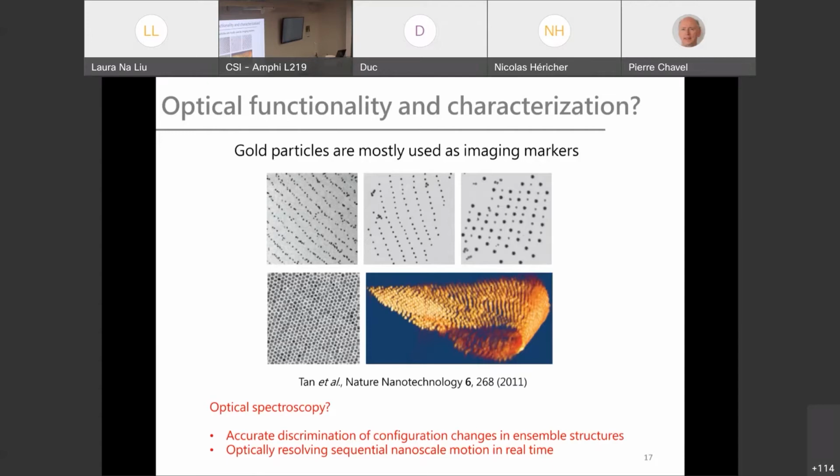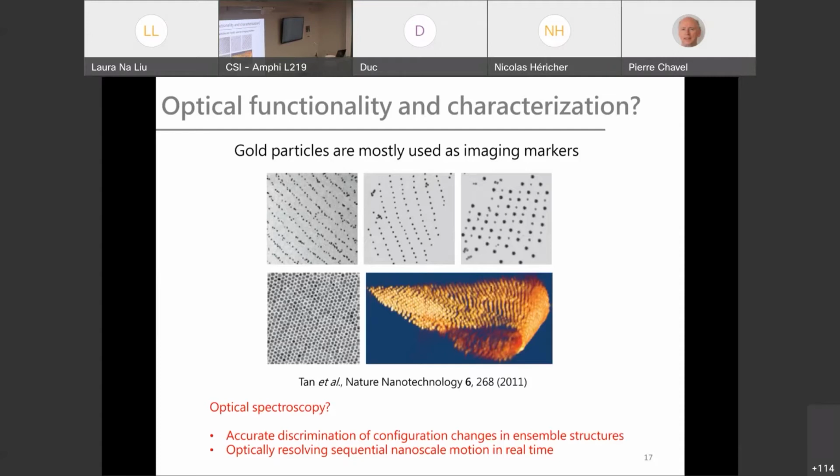Question 3 is, is it possible that we can even use optical spectroscopy to resolve sequential nanoscale motion in real time? You know, several nanometers, so in nanoscale, such motions are really below the optical diffraction limit.